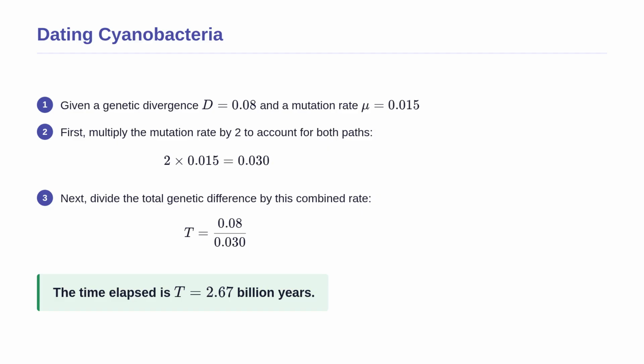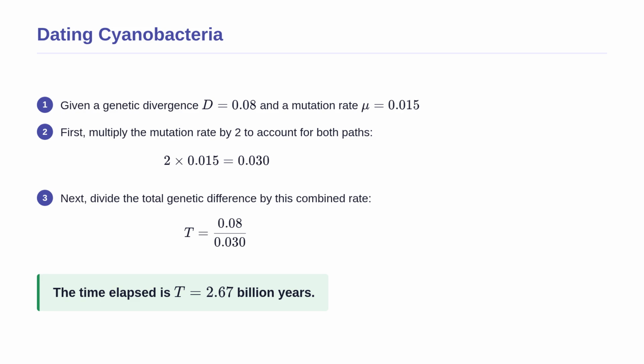Let us see this molecular clock in action with a concrete example. Suppose laboratory studies show a genetic divergence of 0.08 mutations per base pair between our two bacteria. The mutation rate for this specific gene is 0.015 mutations per base pair per billion years.